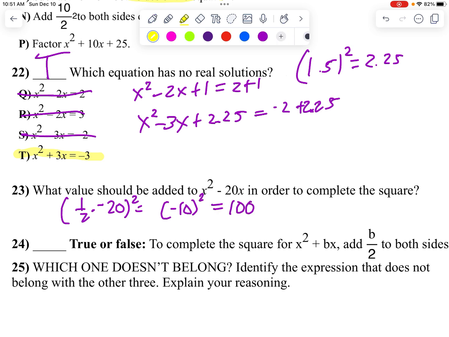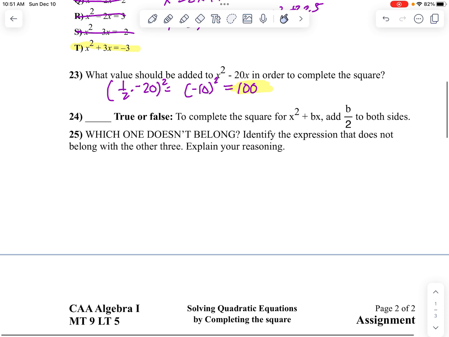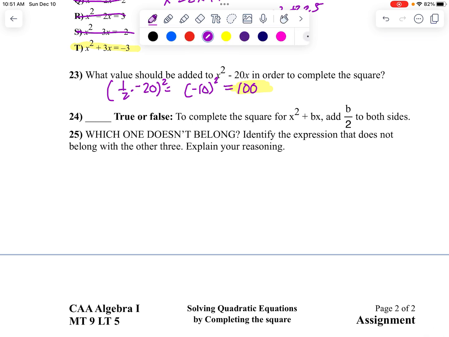So I would end up adding 100 to complete the square. Then on question 24, it says true or false. To complete the square for x squared plus bx, add b over 2 to both sides. That's false. You should add b over 2 squared to both sides.